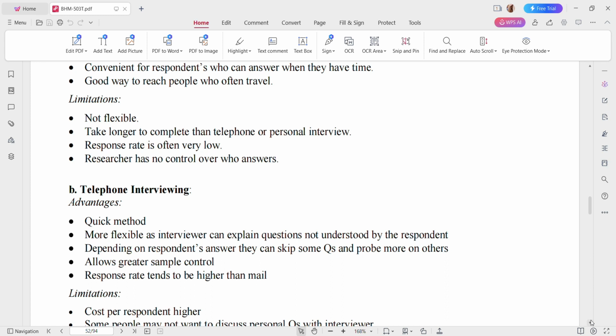That's another participant added to the list. Okay, so more flexible, as the interviewer can explain questions not understood by the respondents. So depending on the respondent's answer, they can skip some questions and probe more on others, allowing greater sample control, and response rate tends to be higher than mail.